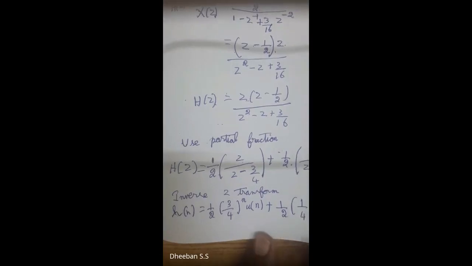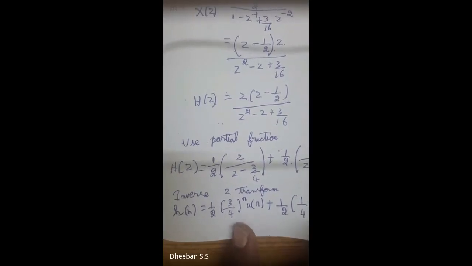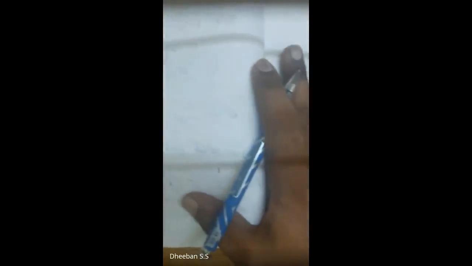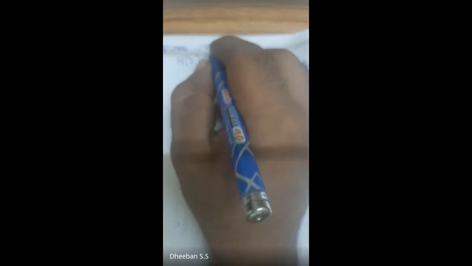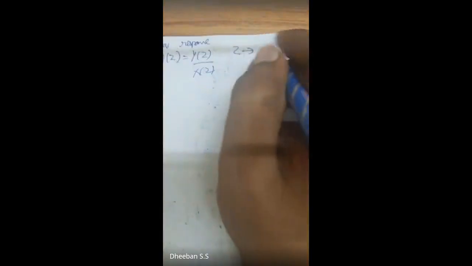Okay, for frequency response, what you have to do is convert it into your j omega term. H of z is equal to Y of z by X of z, as you might have got. For your frequency response, this z is replaced by e power j omega.